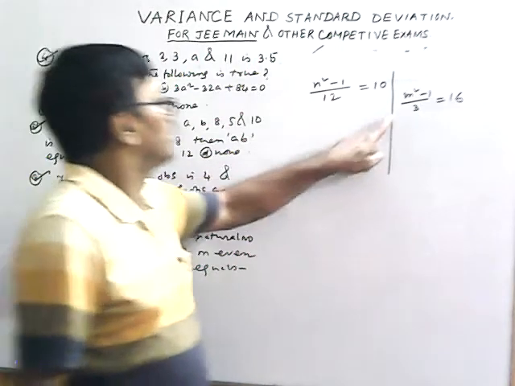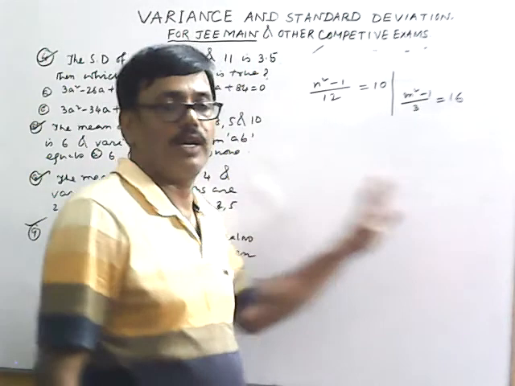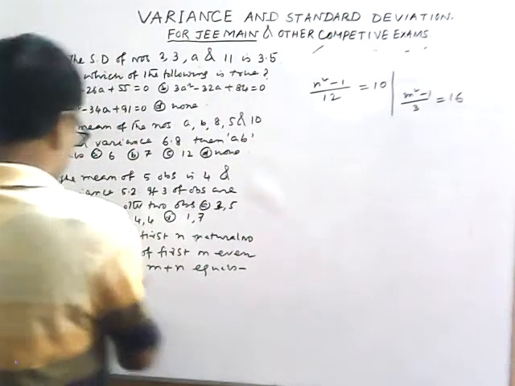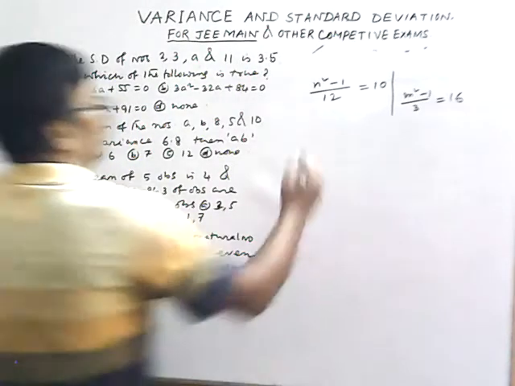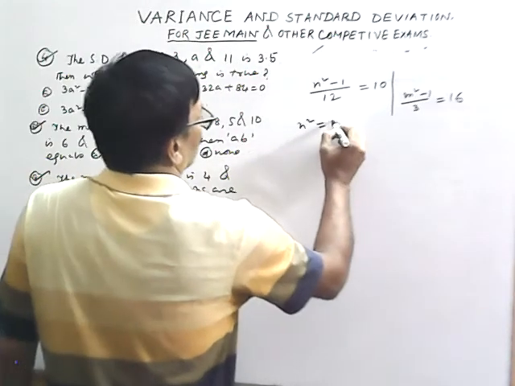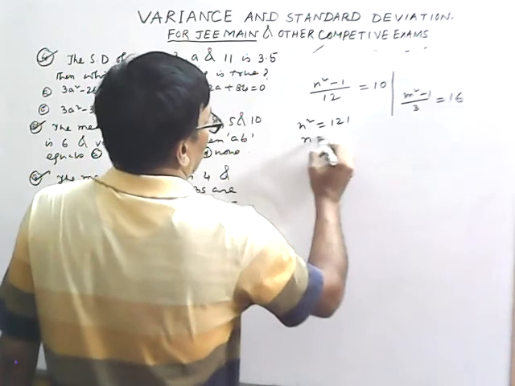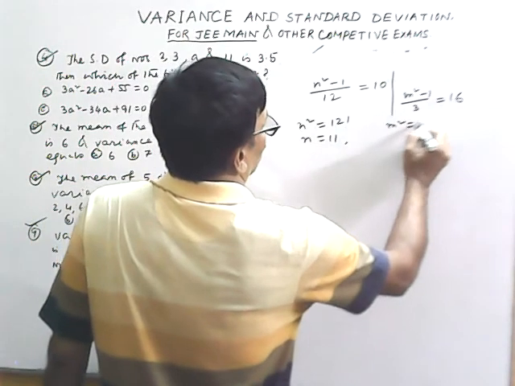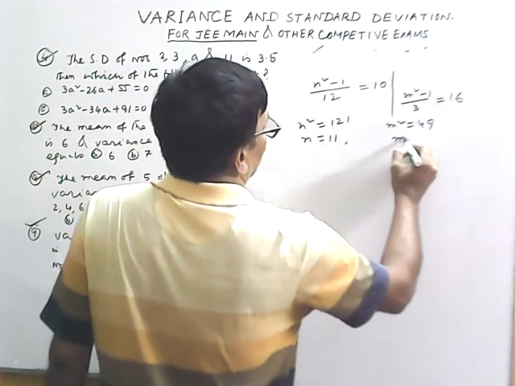This is a problem from 2020. You only have to recall the formula. So n square minus 1 equals 120, so n square equals 121 and n equals 11. m square equals 49, so m equals 7.